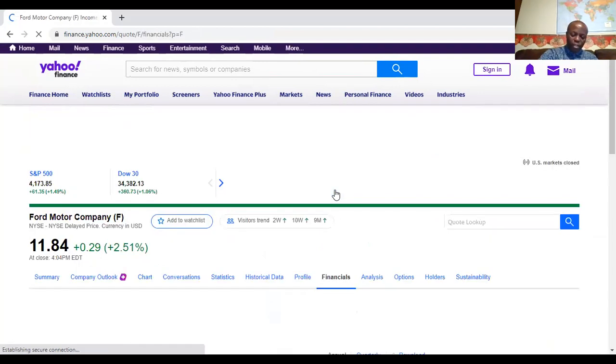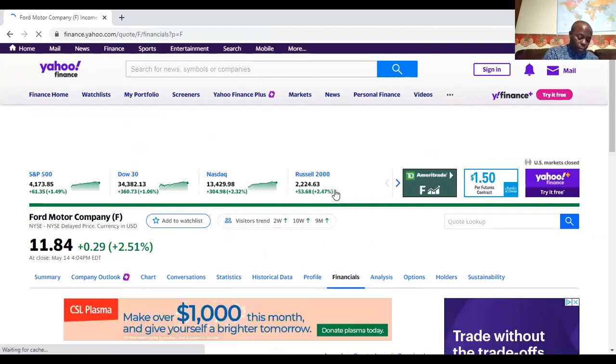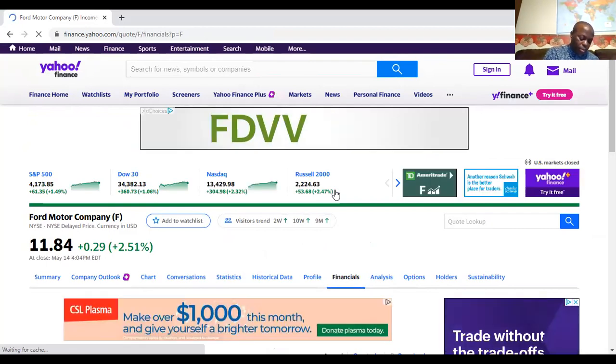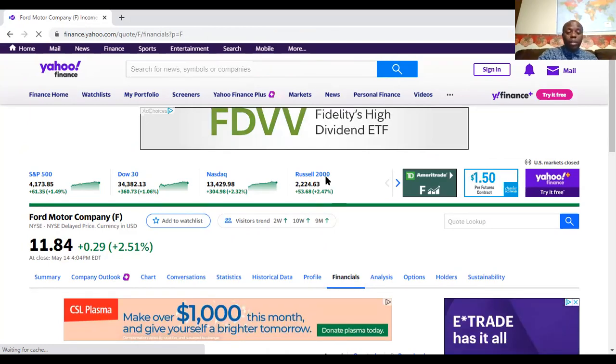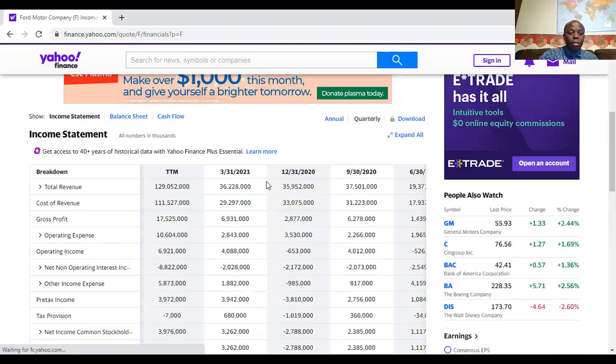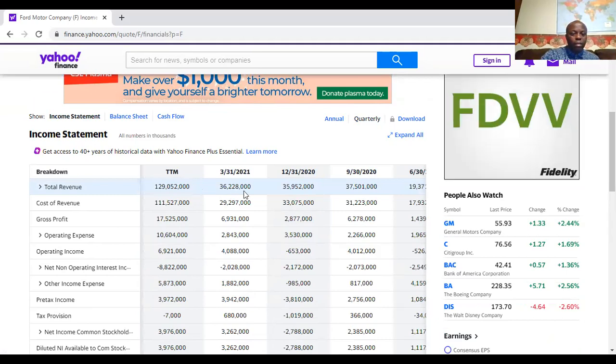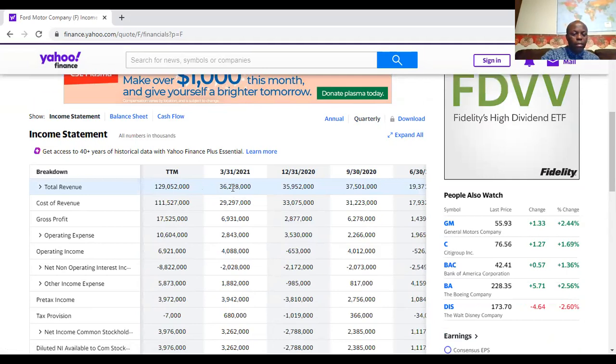The income statement first for Ford. We have sales. For Ford, I'm going to use quarterly statements again, because we're comparing 2021.